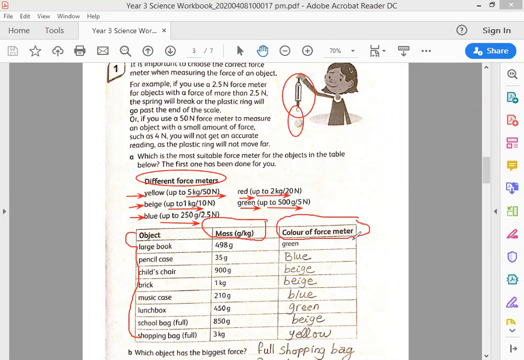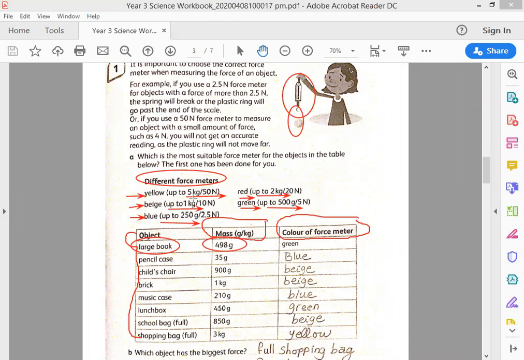So you have to have a look at each force meter and how much force it can stand, or how much mass it can hold in kilograms or grams. Okay? For example, the first object is a large book. He mentioned that it weighs 489 grams. You have to check the scales.